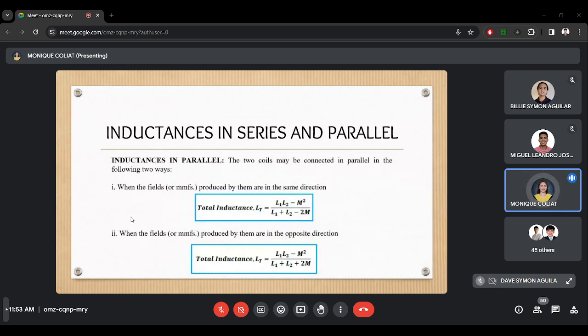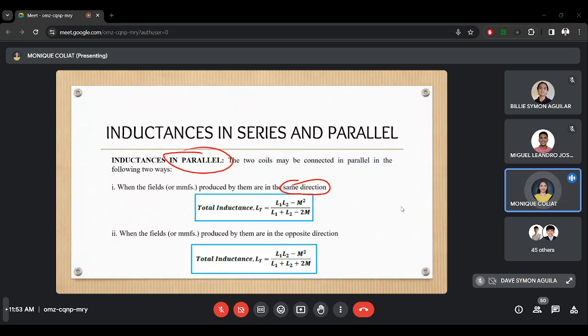How about in parallel? When the fields or MMFs produced by them are in the same direction, meaning the flux is in the same direction in the parallel connection, your total inductance is L1 L2 minus M squared over L1 plus L2 minus 2M. L is inductance and M is mutual inductance.